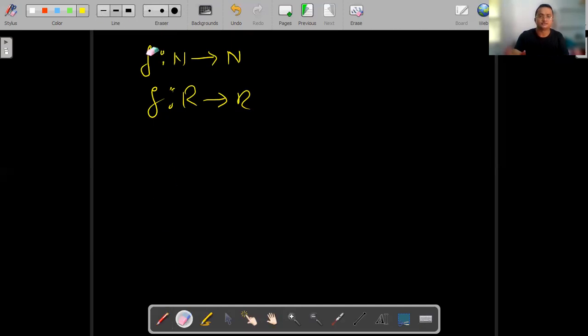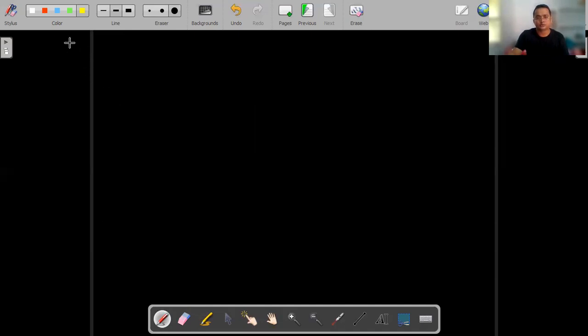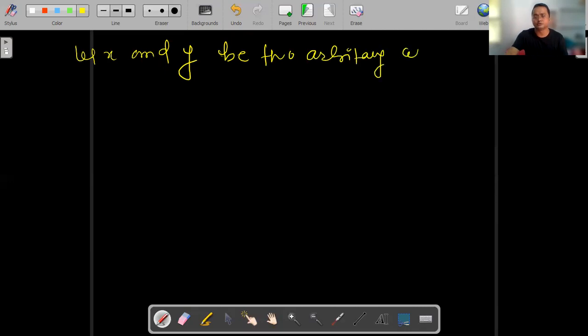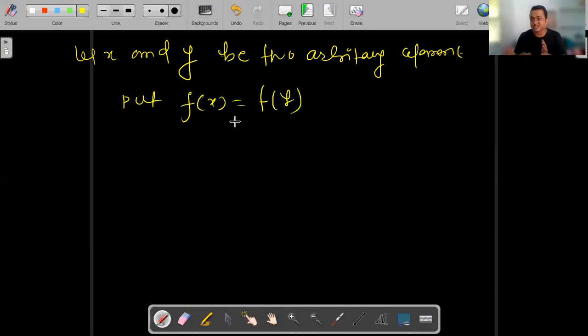So let's see here. Let x and y, I am assuming simply, be two arbitrary elements. Okay, so what we have to do: put f(x) equal to f(y).